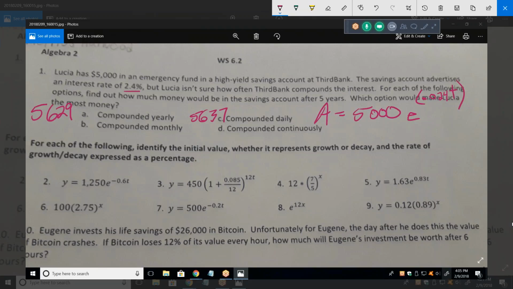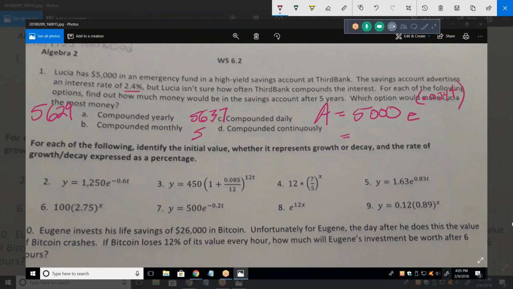All right, what's that give you? So A equals 5,000 e to the 0.12. Well, go ahead and get that number. What's e to the 0.12? Where's my e button?